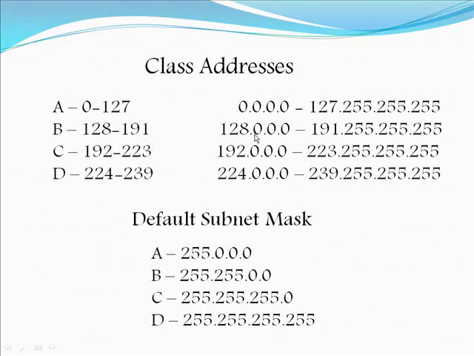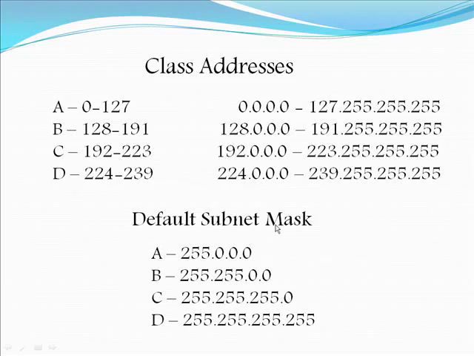Most people are used to starting at 1, but the 255 is pretty much the max that you can get with 8 bits in binary. I'll explain that in just a minute. Class C addresses range from 192 to 223, once again encompassing 192.0.0.0 to 223.255.255.255. And then your Class D addresses are 224 through 239, same thing.